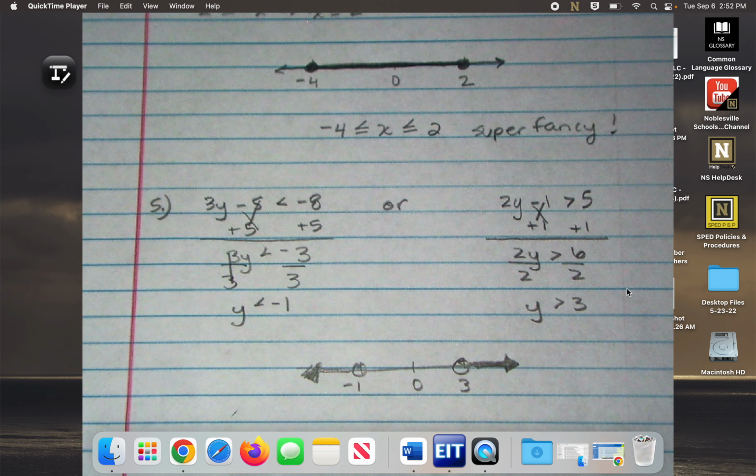Okay, let's fill out our table of contents really quick here. I don't know if we're all caught up on our table of contents or if we have a few days to do. We're all caught up. Awesome.